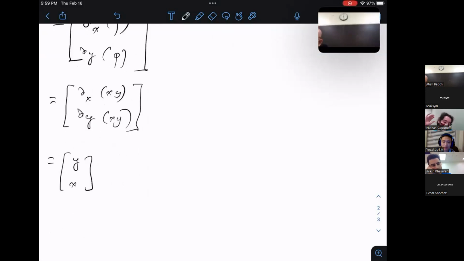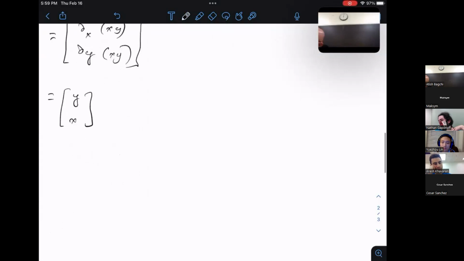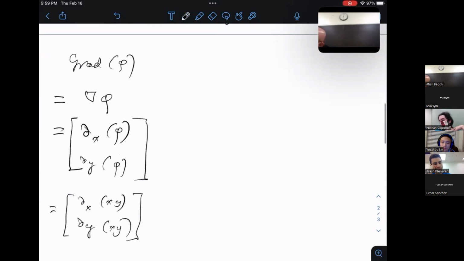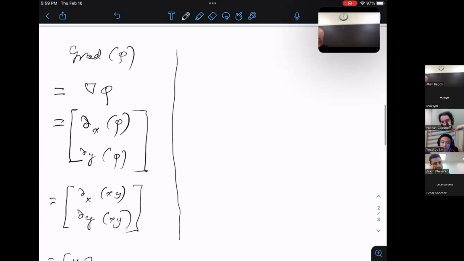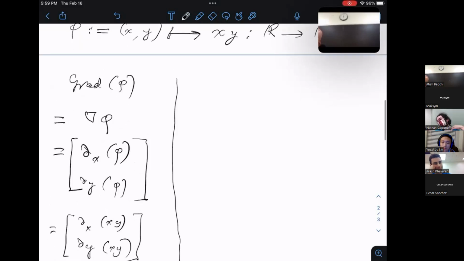Okay, but there's a general formula in the notes for what happens in n dimensions. And this is the direction of fastest increase at the particular point. There's a little bit of visualization that I should give you.